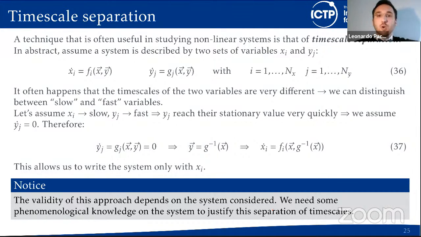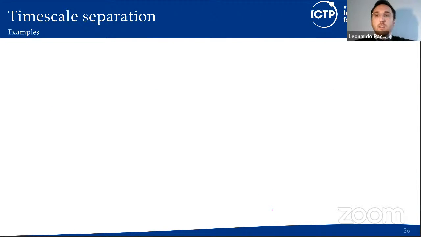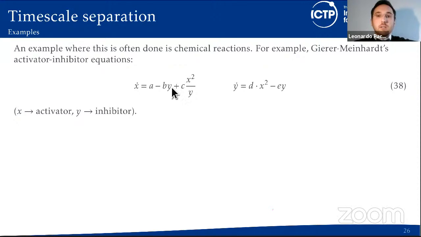So let me show you two practical examples in which this happens. One class of nonlinear systems where this approximation is done quite often are chemical reactions. For example, let me introduce this nonlinear system. This is called the Gierer-Meinhardt activator-inhibitor equations.